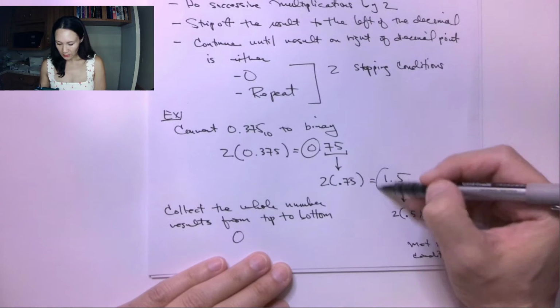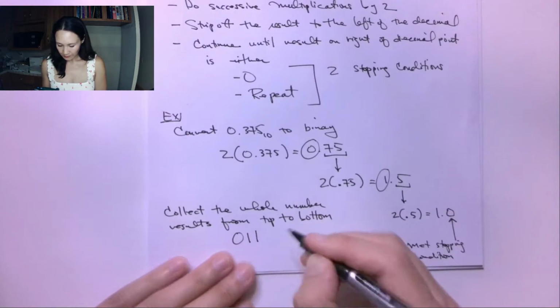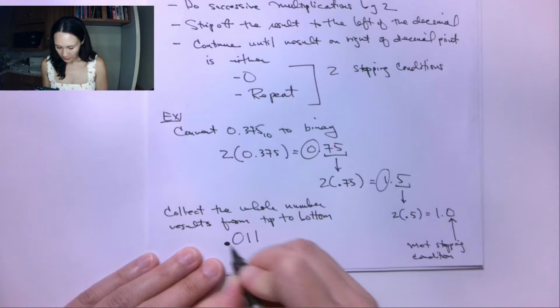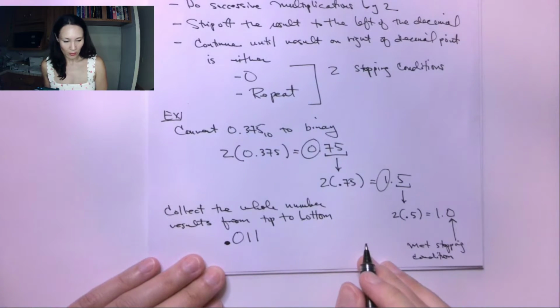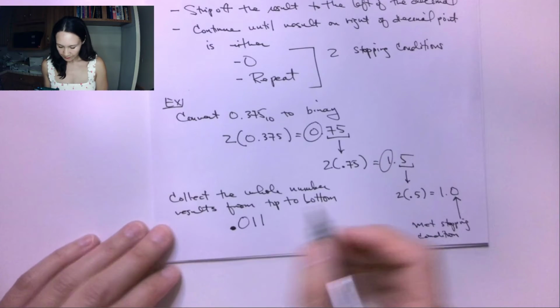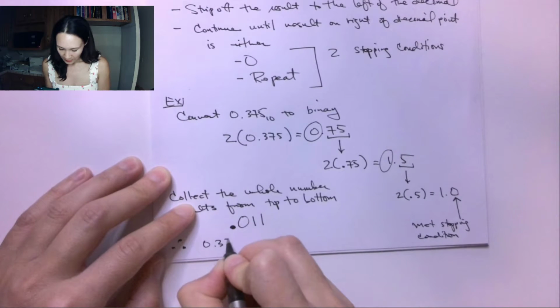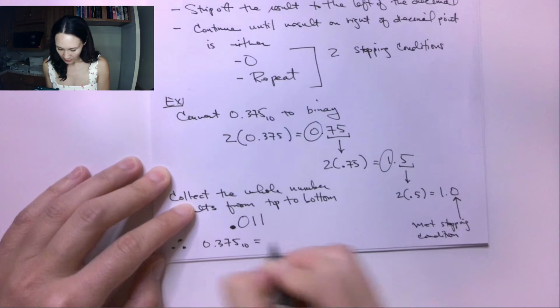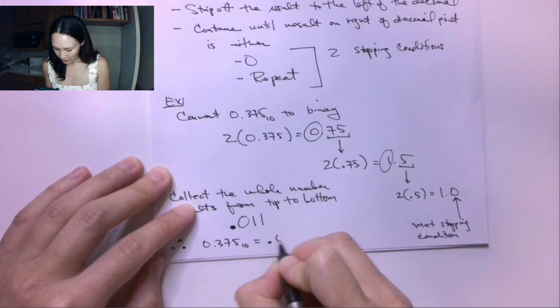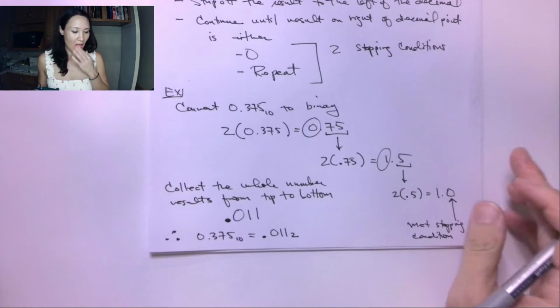The next result is this 1, so I'm going to take that 1. And the next result is this 1. So this goes to the right of my decimal point, and this actually ends up being my solution. Therefore, 0.375 in decimal is equivalent to 0.011 in binary.